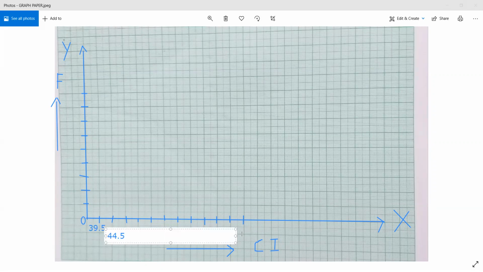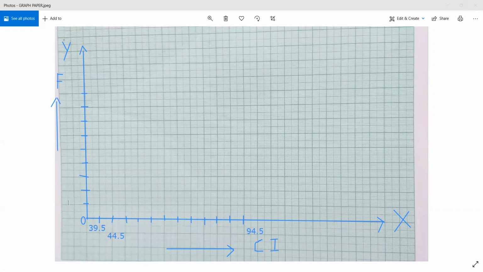Okay, so this will go on till the last point, that is 94.5 if I'm not wrong. All right. Now we're going to plot the frequency as well. Put the points along frequency.